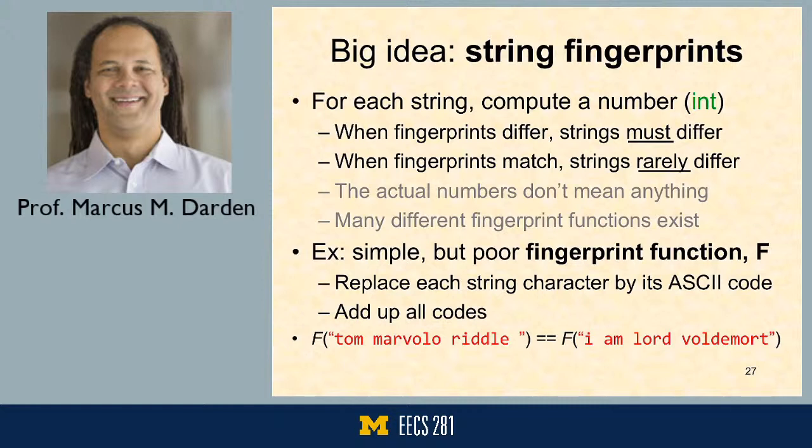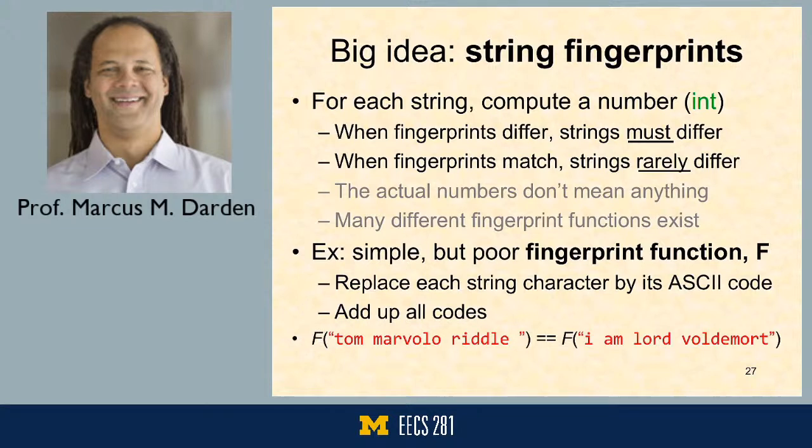When I know that I've got these conversions, just as in hashing, I can say if I take two strings, calculate their fingerprints, if those two integers, those fingerprint integers, are different, then I know right away that the strings must be different.